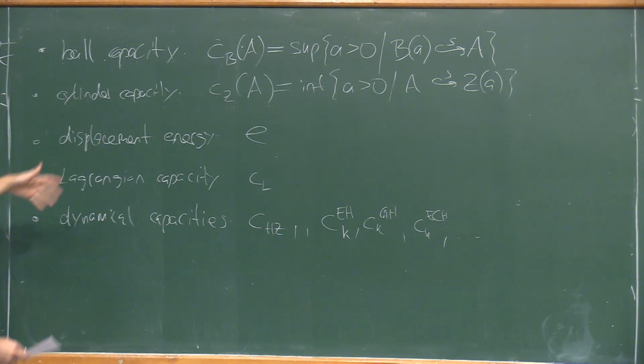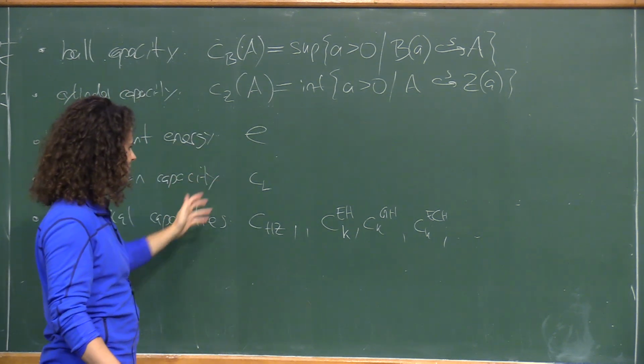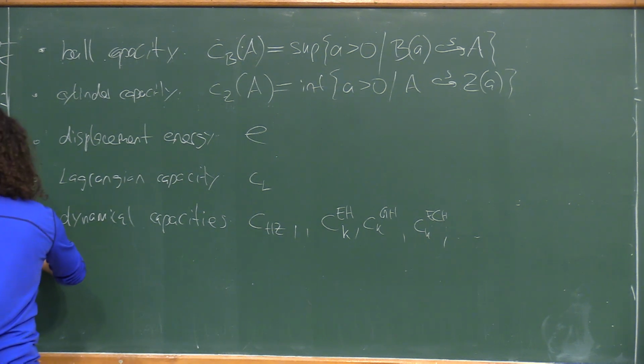Okay, but the thing I really want to say here is that there's a whole lot of different capacities, and the constructions are very different, right? There are symplectic embeddings, Hofer geometry, Lagrangians, dynamics. So there's a big list of different constructions of capacities. Okay, so I will need something that's a bit more special.